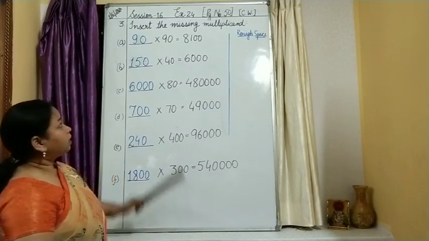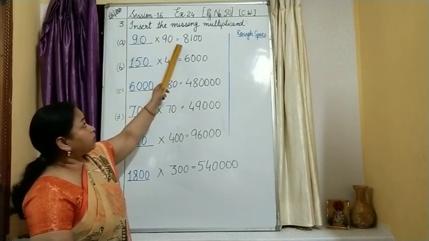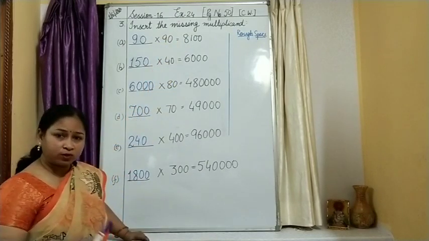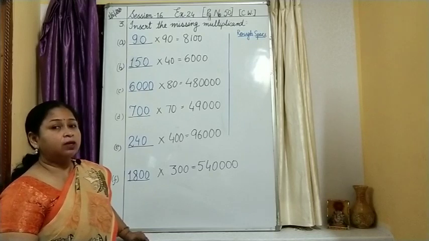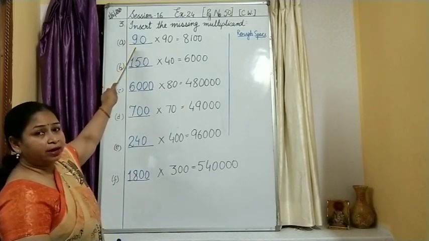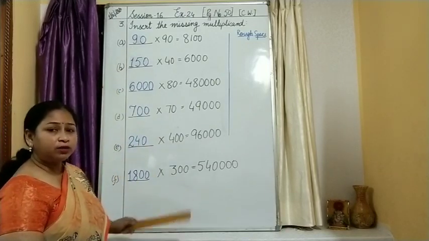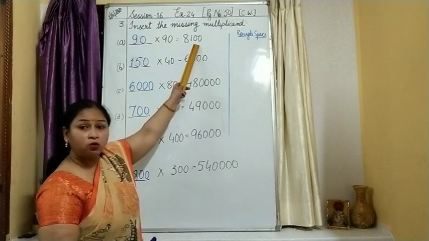Now tell me, what will you multiply to this 9 so that you get 81 over here? Of course 9, because what is the table? 9 nines are 81. Okay, so I got an idea that here 9 should be placed. Now what about 0? How many zeros you can see in the answer? There are 2 zeros.